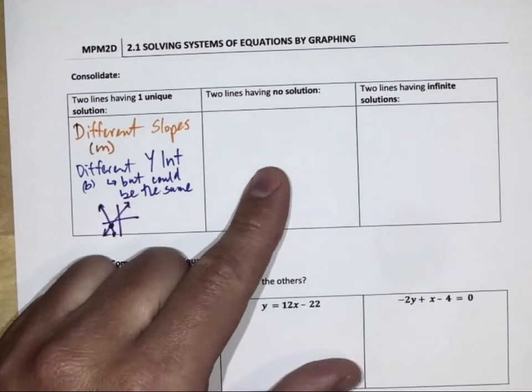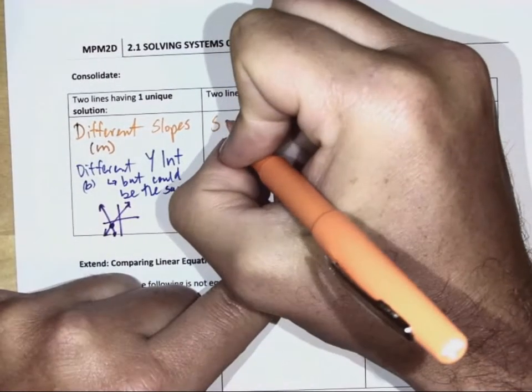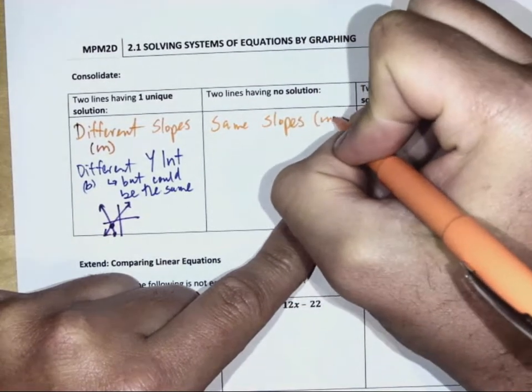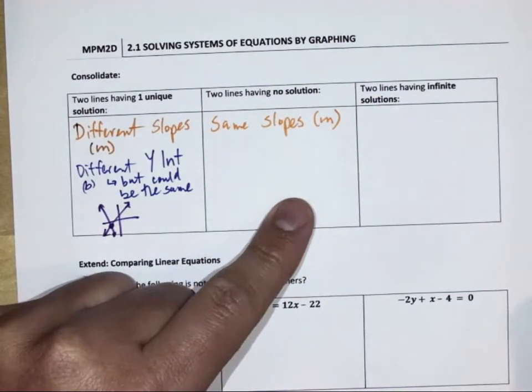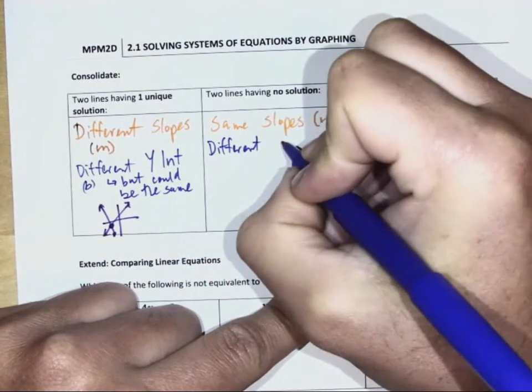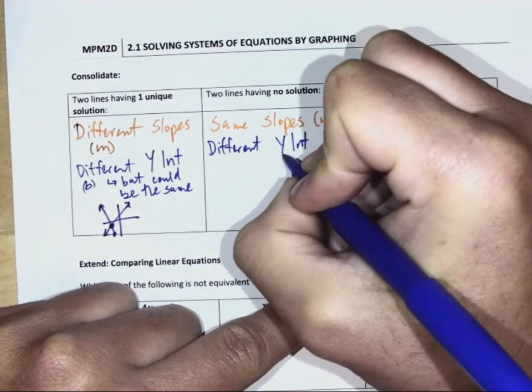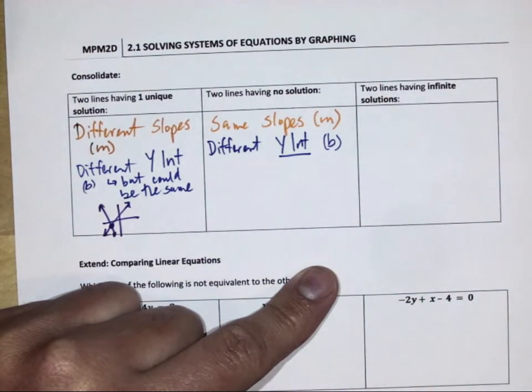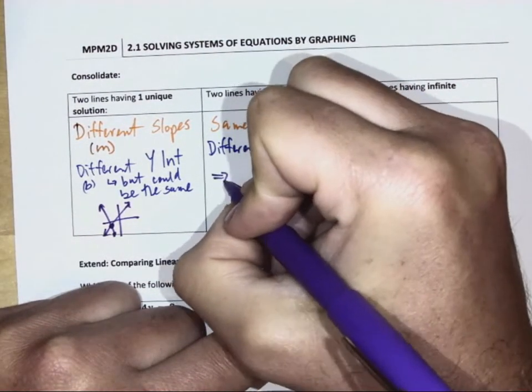2 lines that have no solutions have the same slope, or equal slopes, and they have to have different y-intercepts. That tells us these are parallel lines.